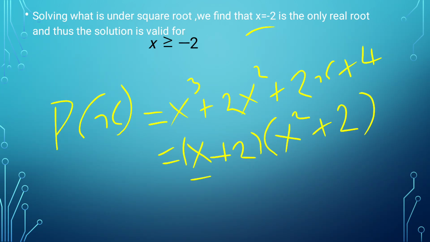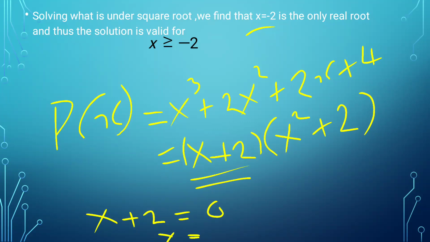So if you solve this, equating to 0 of course, x plus 2 being equal to 0, you'll find that x is equal to -2. That's real. Then x squared plus 2 is equal to 0.